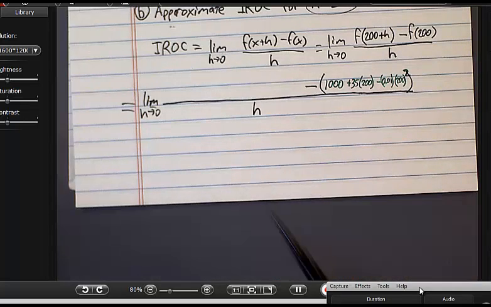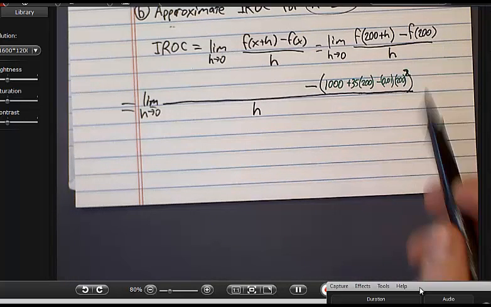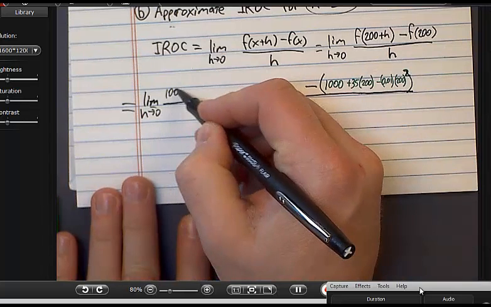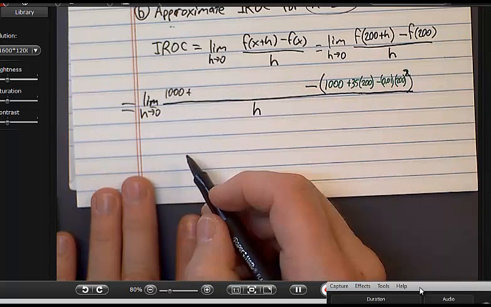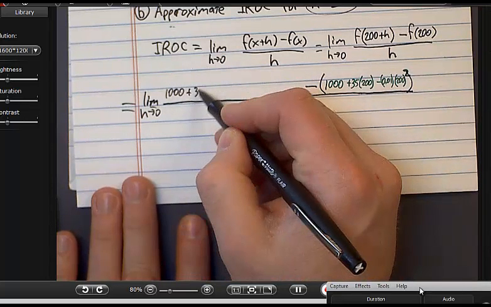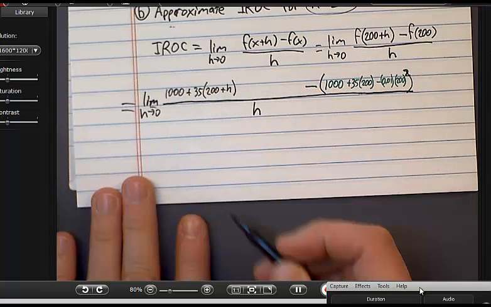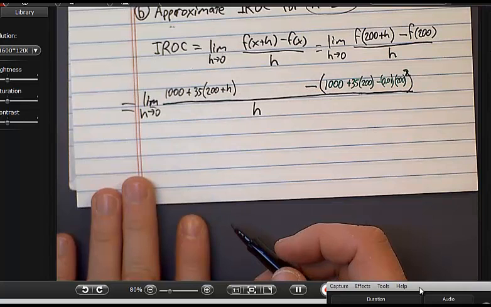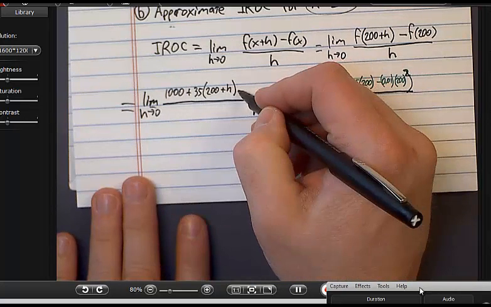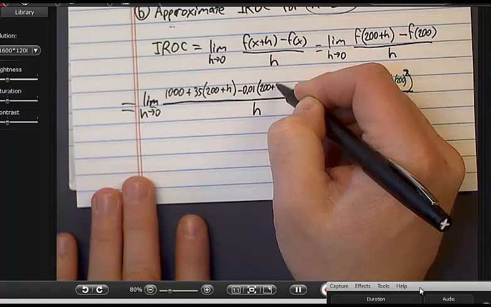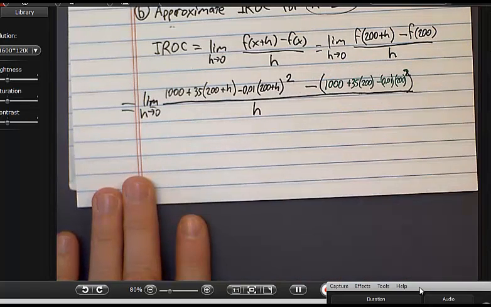What goes here? Well, what goes here is f of 200 plus h. So that's 1,000 plus 35 times 200 plus h, and then minus 0.01 times 200 plus h squared.